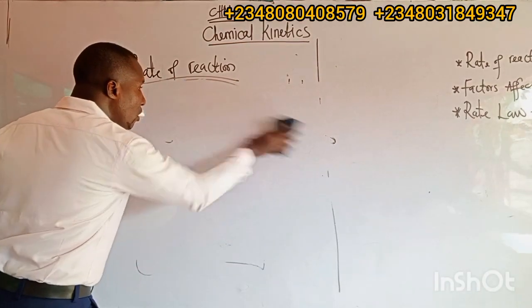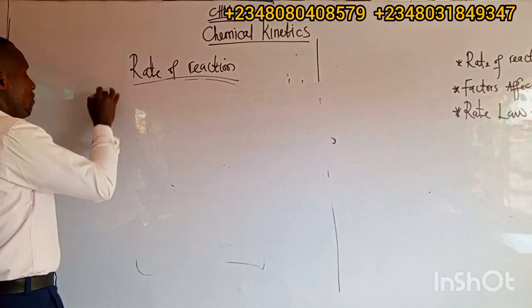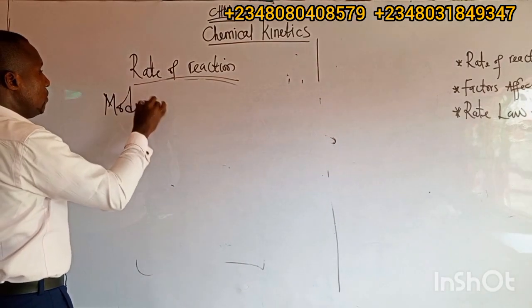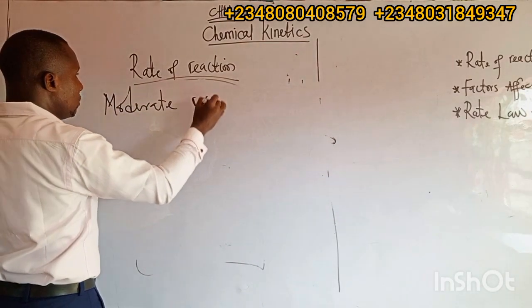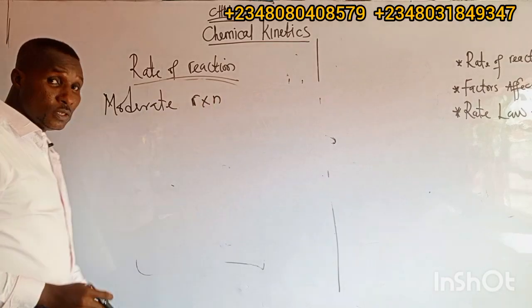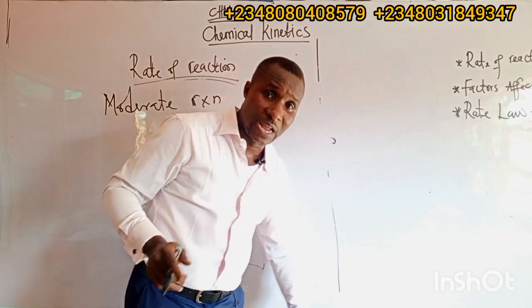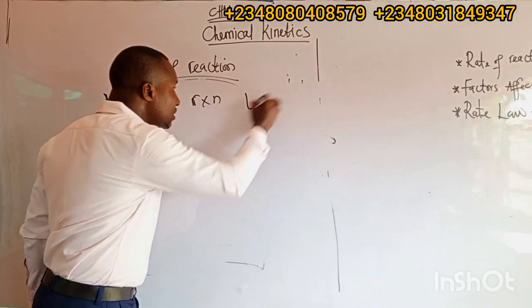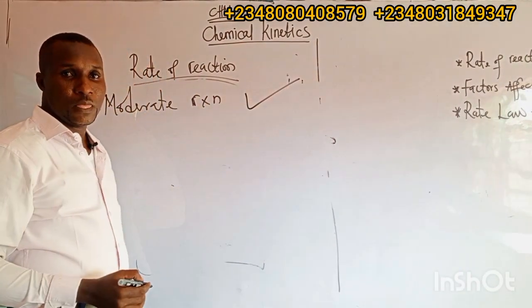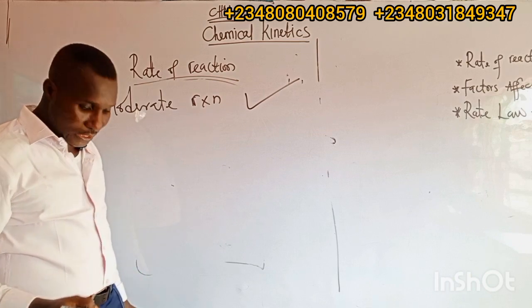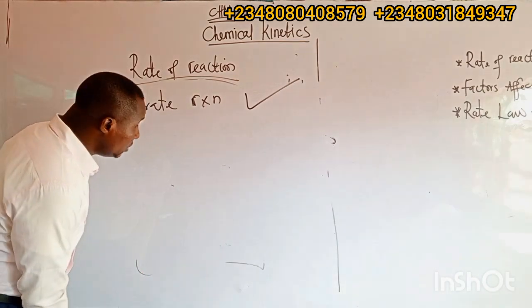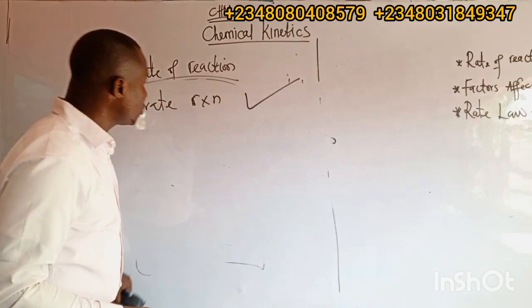Let's just look at the moderate reaction. The rate of chemical reaction of a moderate reaction can be determined. This is the one we determine the rate of reaction for.